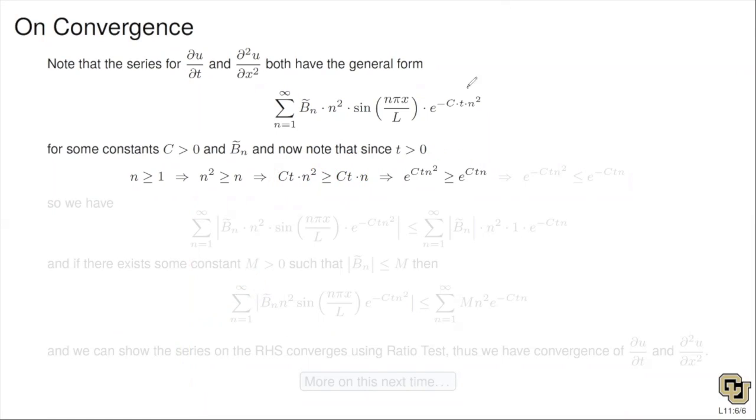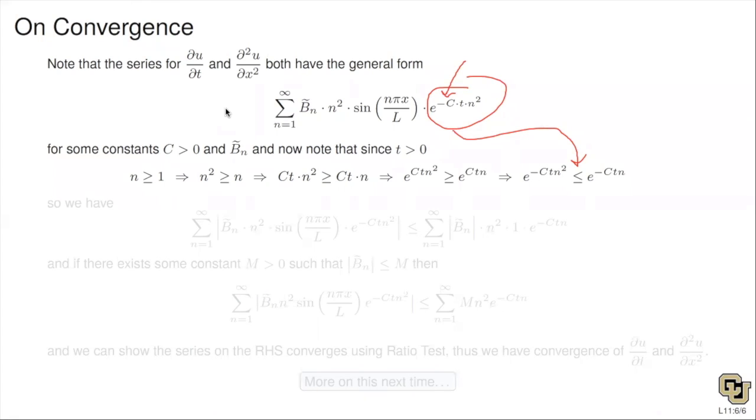Finally, if you look at our form, I have a minus sign here, so I'm going to take a reciprocal. As you remember, the reciprocal function is decreasing, so here we reverse the direction of the inequality. So finally we get e to the minus ctn squared is less than or equal to e to the minus ctn.